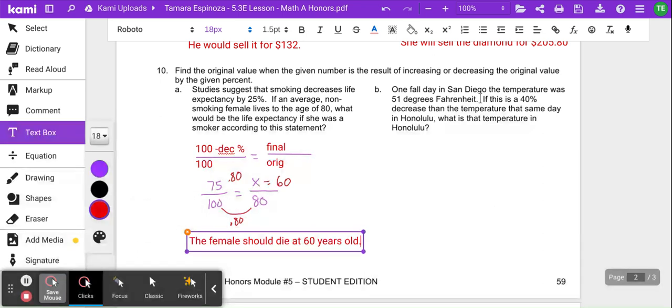One fall day in San Diego, the temperature was 51 degrees Fahrenheit. If the temperature is a 40% decrease in the temperature the same day in Honolulu, what is the temperature in Honolulu?